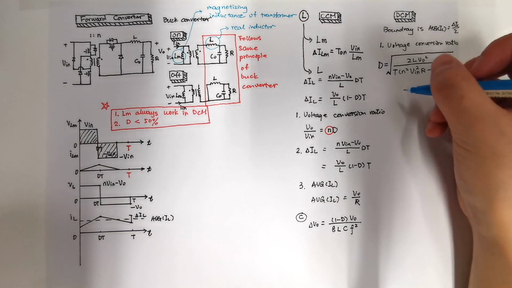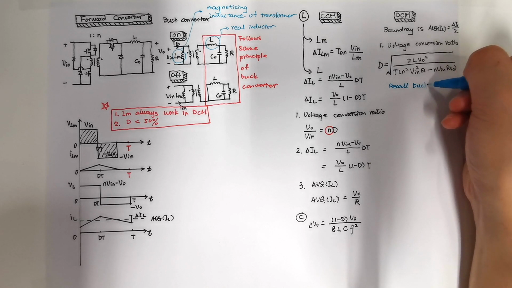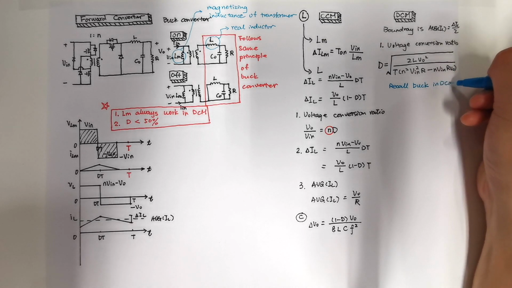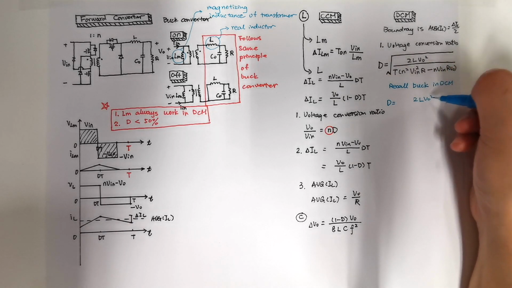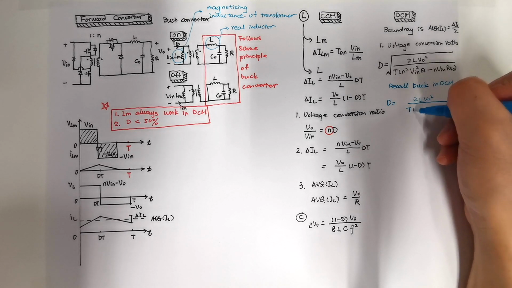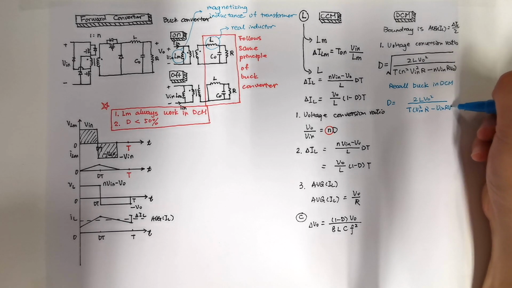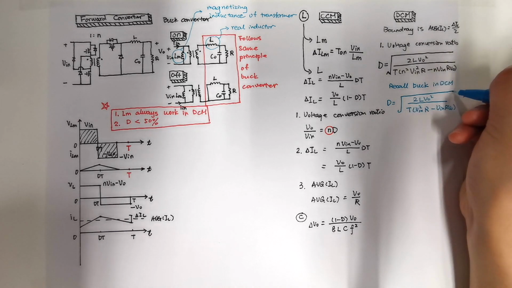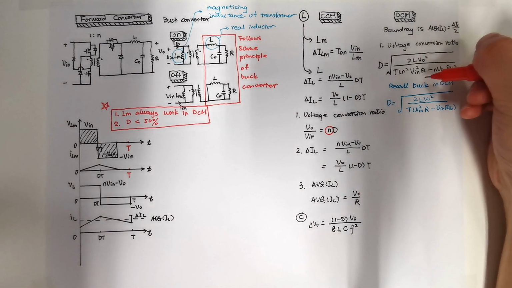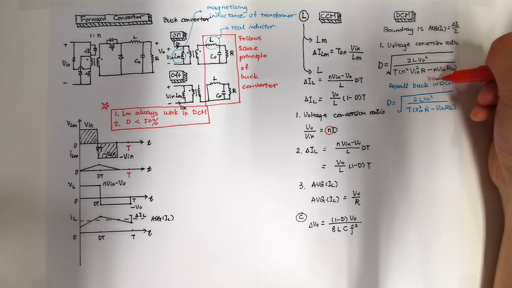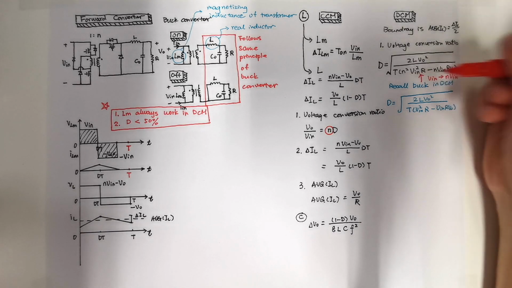Why I give you this long equation is, let's recall the buck converter when it's in DCM, the duty equals the square root of 2L Vout squared divided by T times Vin squared R minus Vin R Vout. You can see that the only difference between these equations is I replace the Vin in the buck converter with N Vin, and we got this equation.